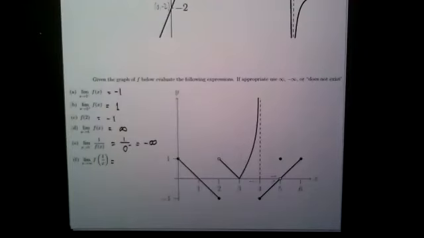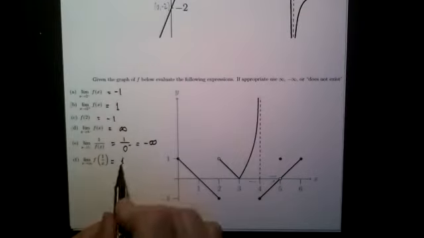I don't know, to be honest. You sure you don't want to try? Well, I know if it's f of 0, but I don't know. F of 0, perfect. So what's f of 0? F of 0 is 1. Oh, okay. Easy.